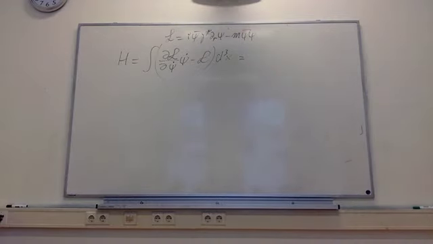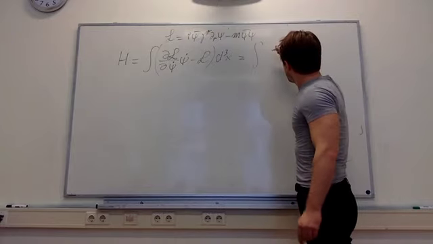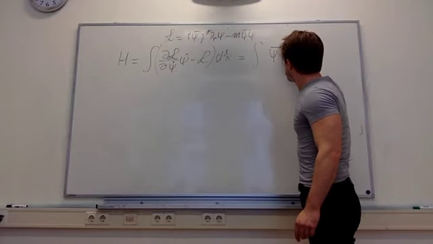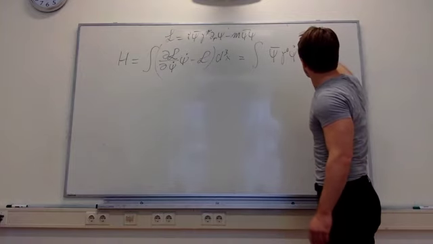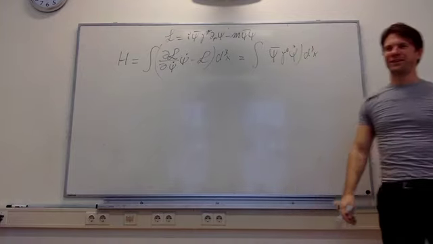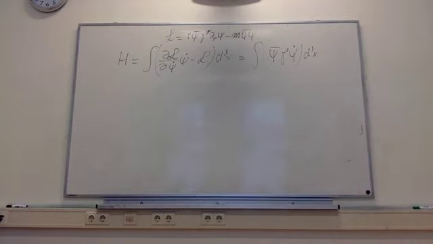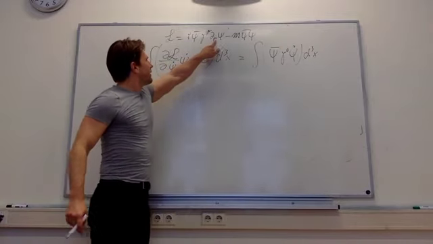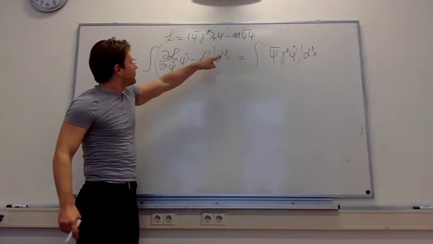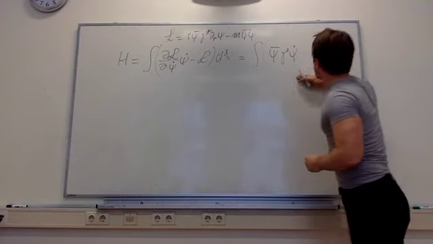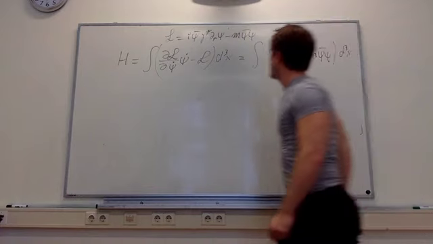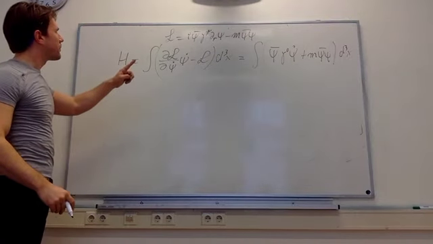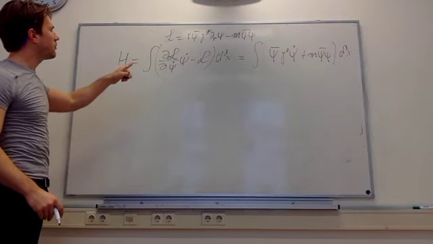If memory serves it was something like this. I think it was, otherwise we're just going to plug it in, why not? Minus L. Yeah, minus L. So it should be plus this or something. Okay, there's that. Not sure yet.